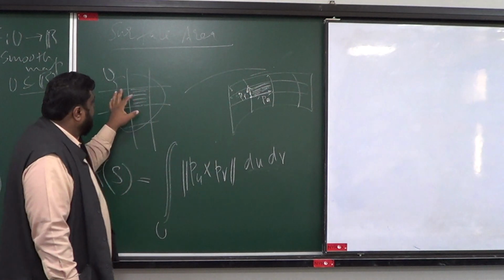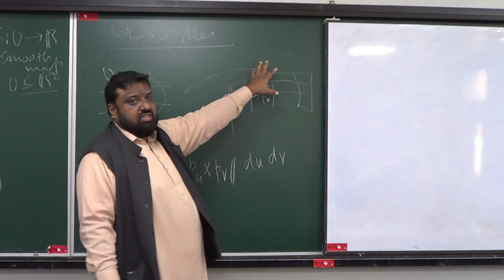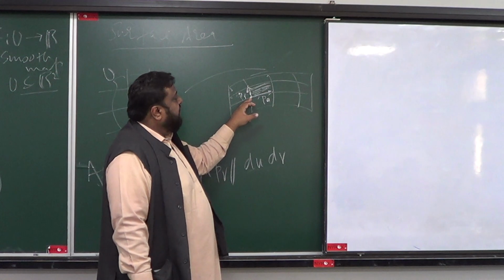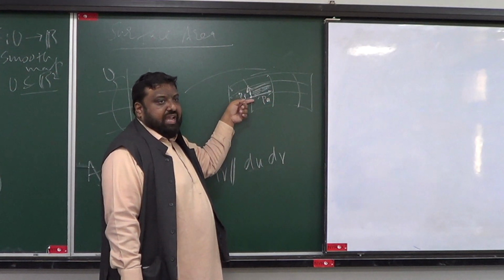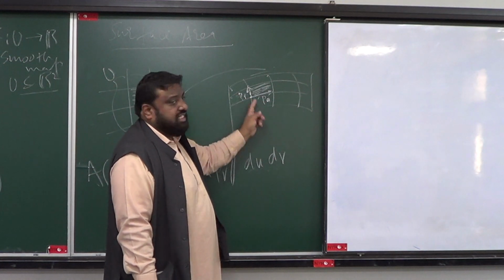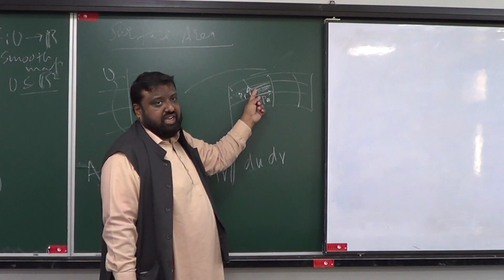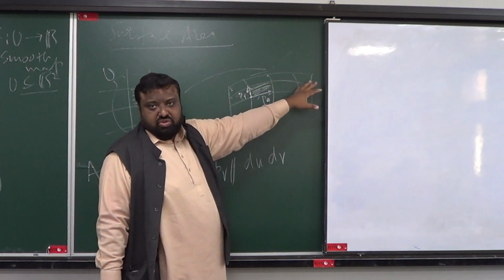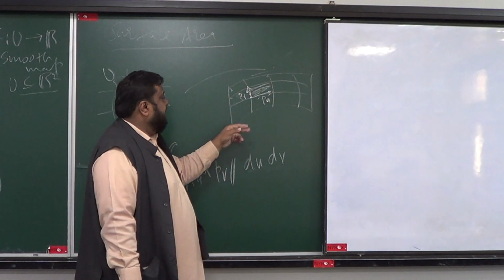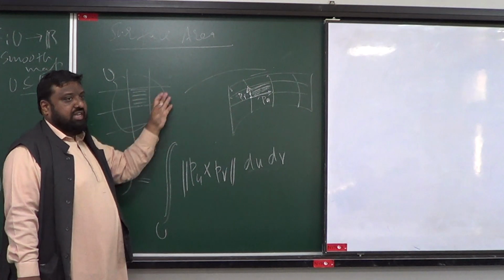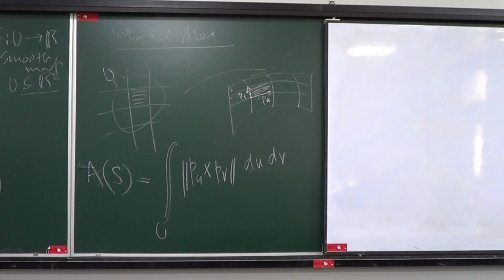Basically what you are doing is splitting the domain into small rectangles and then mapping them onto the surface, and on each you find the area of the rectangle by drawing these two tangent vectors and calculating their cross product, so that their magnitude gives the area. Then you sum them all up, because each of these tiny rectangles on the surface is a consequence of a tiny rectangle in the domain. Summing up all those areas gives you the area.